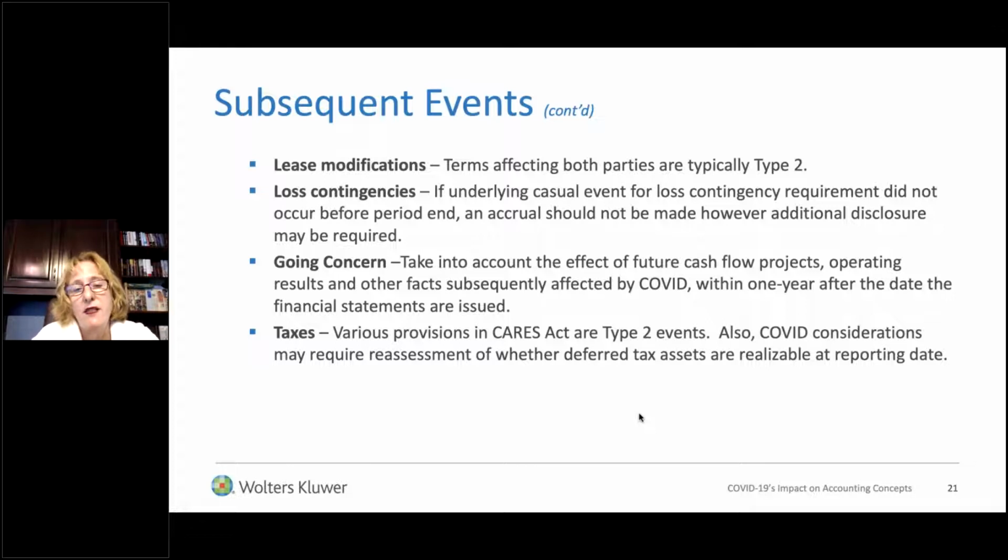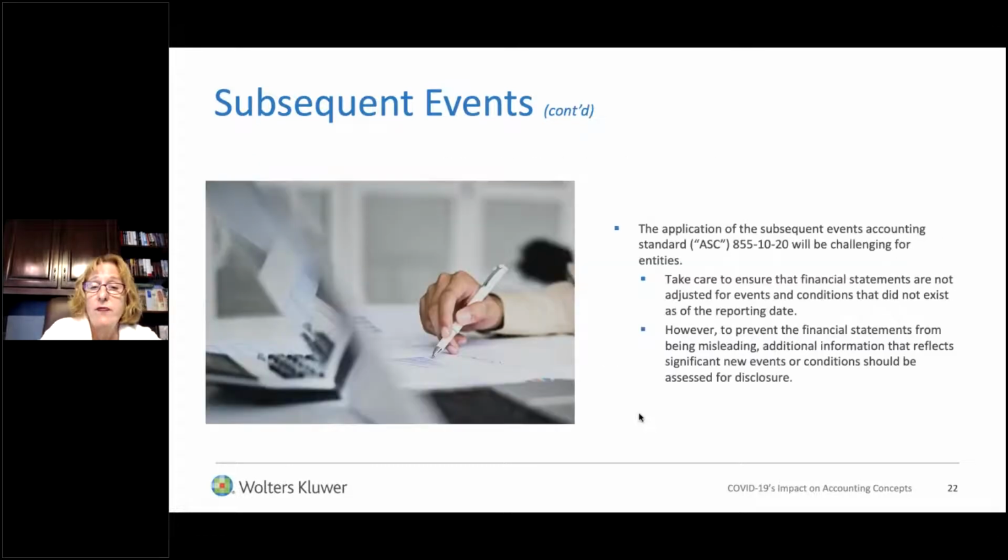And then of course, taxes. We all love taxes. Various provisions in the CARES Act have been highlighted as type 2 subsequent events. Also, COVID considerations may require a reassessment of whether deferred tax assets are actually realizable at the reporting date.